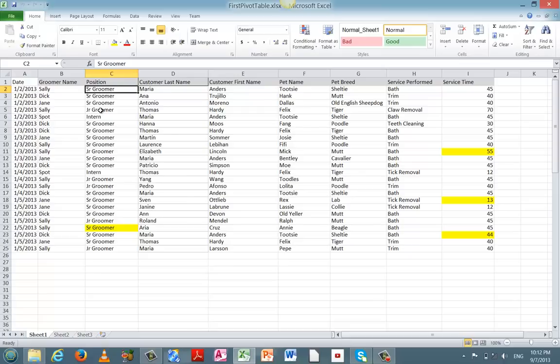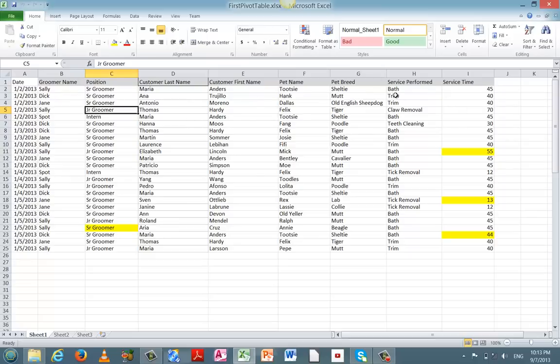Senior groomer, store it away once. Junior groomer, store it away once. Intern, store it away once, and not have to repeat it over and over again. So all we would do is have, instead of storing that data with Sally's name, all we would have to do is put some kind of pointer system in here and point to where Sally's job description is in a job description structure, or a job description table.